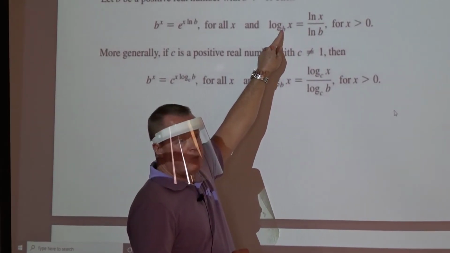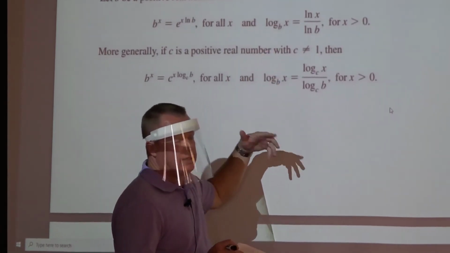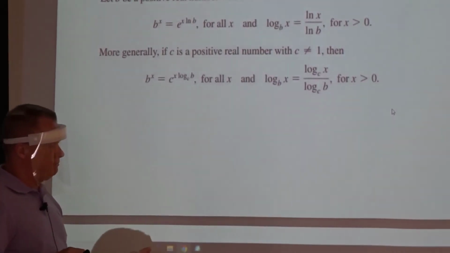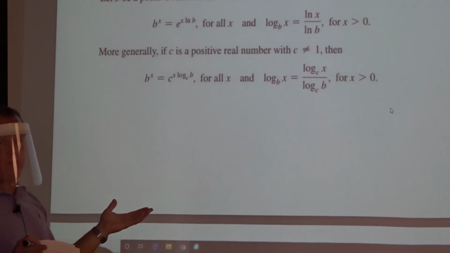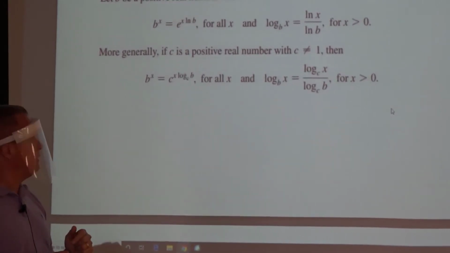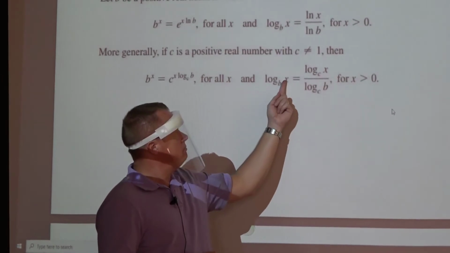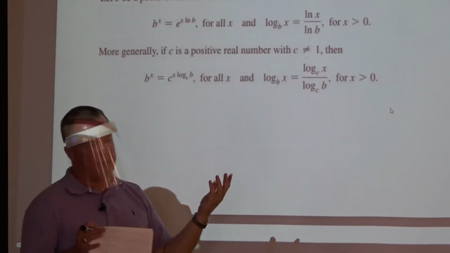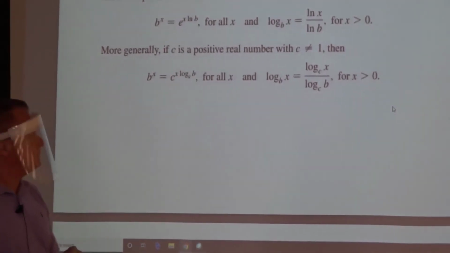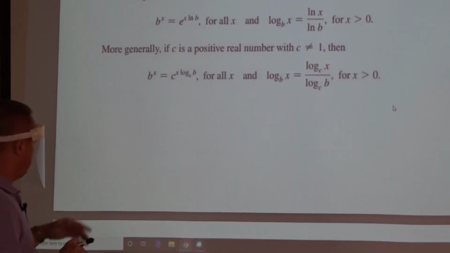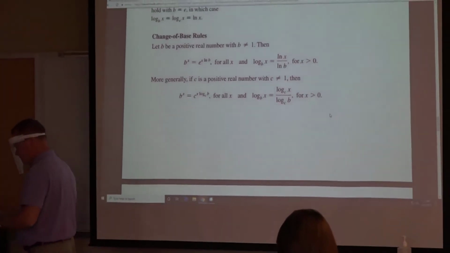So the ln of 4 divided by ln 2 would be the log base 2 of 4. Okay. Or you could use the log of any base divided by the same base log. All right, that gives you the same thing. Okay. Those we'll use occasionally as well.